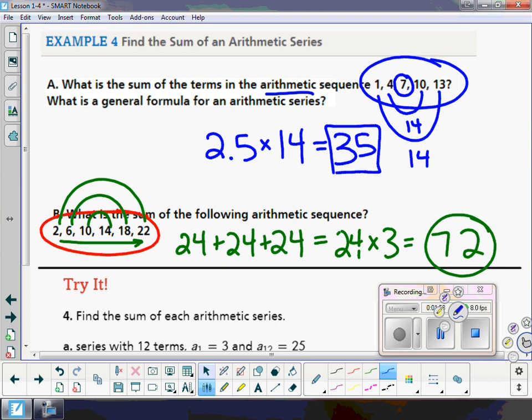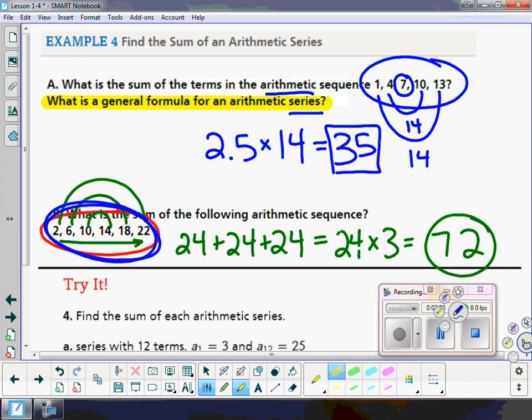And this shortcut where we're taking the first plus the last times half the number of terms, that's going to be the general formula for an arithmetic sequence or series. What I should mention at this point is this is called a sequence of numbers when you have a list, 2, 6, 10, 14, etc. It's called a series when you're taking that list and adding the numbers up.